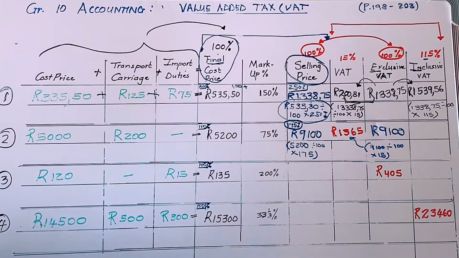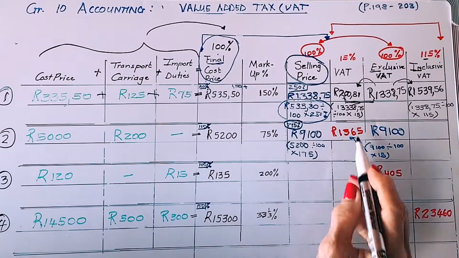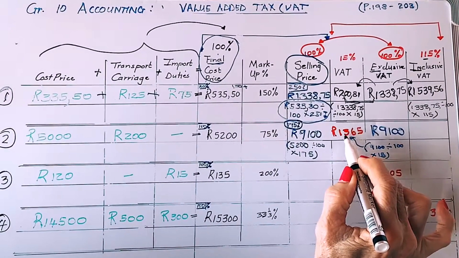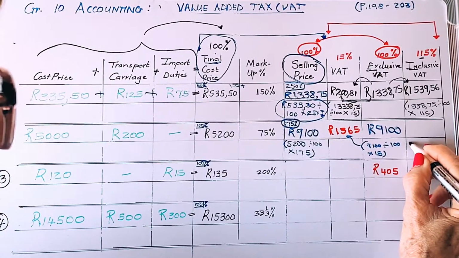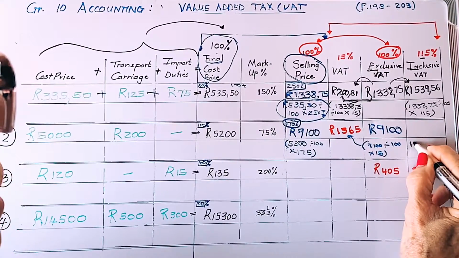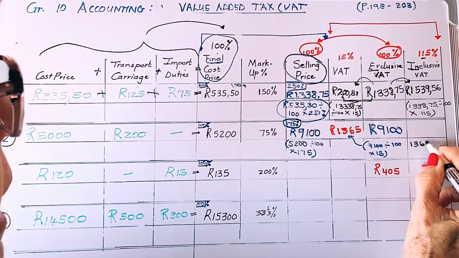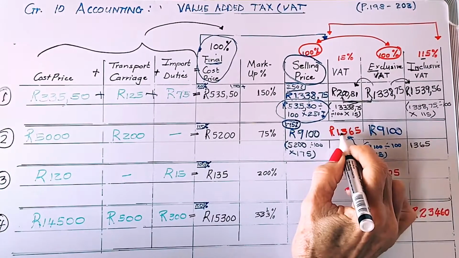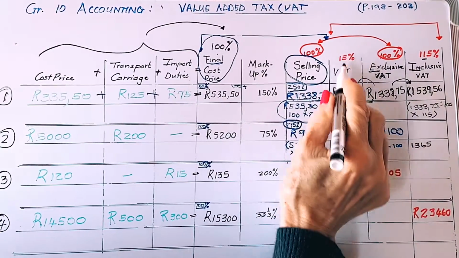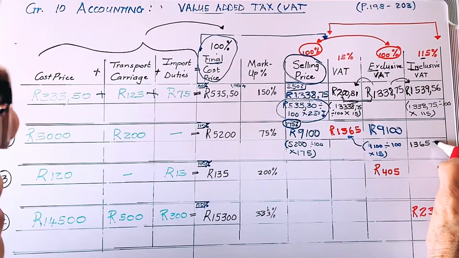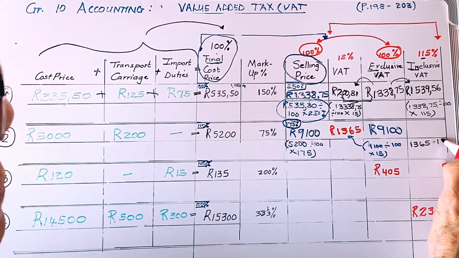the way that you are going, you always start with the amount given to you. In this case, it is 1,365. I know that is the VAT amount, so the percentage identity will be 15.